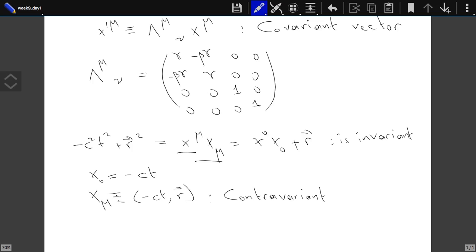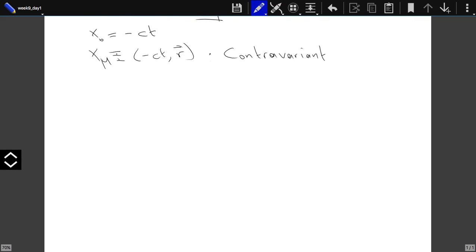It cancels the changes in this one so that this product is invariant. So this is what we had done until last week.